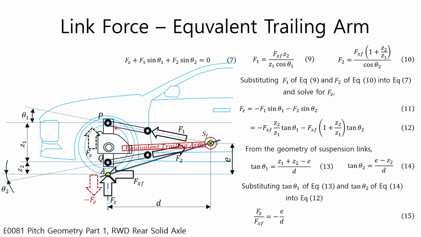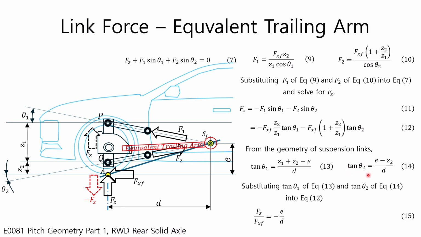Meanwhile, from the geometric arrangement of the suspension arms, the installation angle of the upper arm with respect to the horizontal plane, the tangent of θ1, can be obtained as in equation 13, and the installation angle of the lower arm with respect to the horizontal plane, the tangent of θ2, can be obtained as in equation 14.